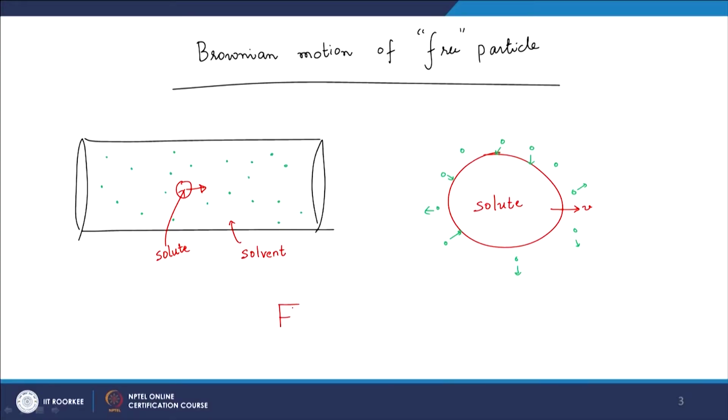We have relations like, say, Stokes' law that tells me that the force acting on the particle, or the drag force acting on the solute particle, is equal to some constant zeta multiplied by V. This is in the limit of very low flows and it is referred to as Stokes drag.